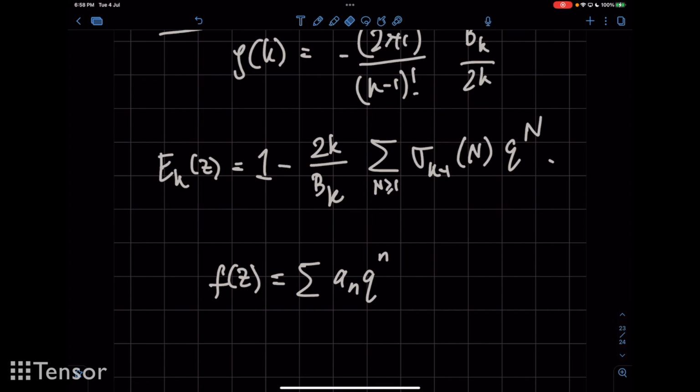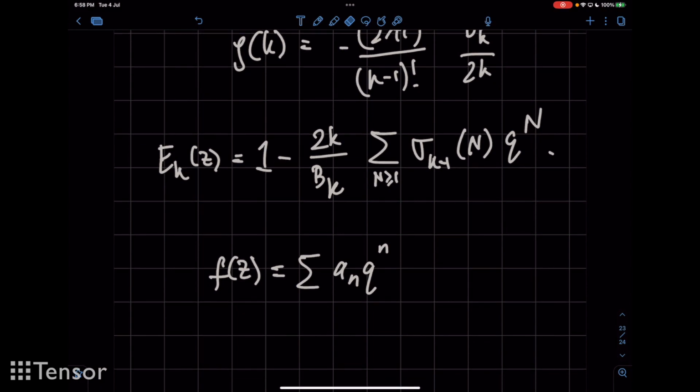So the coefficients are not independent. Is that clear? If the coefficients were all independent, then we would have infinite degrees of freedom. But our vector space is finite dimensional, so we only have finitely many degrees of freedom. Although we have infinitely many parameters, we only have finitely many degrees of freedom.